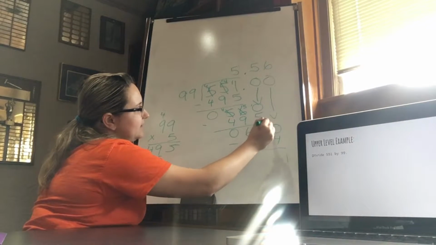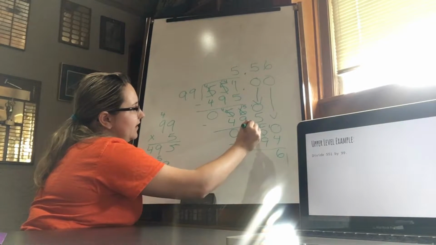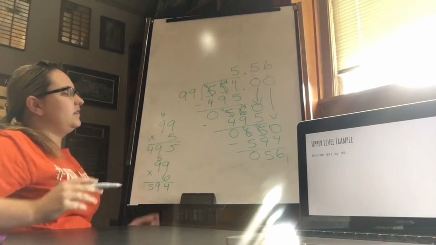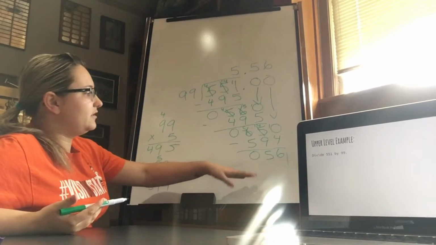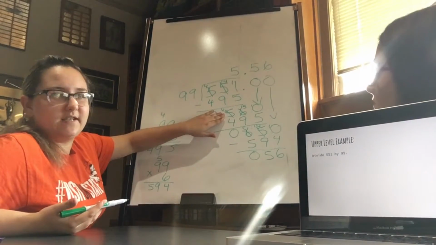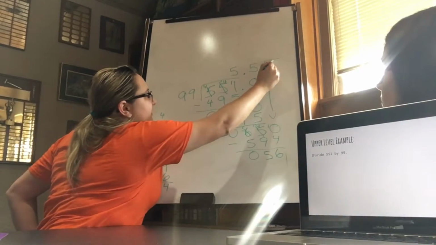So we'll do this again. There's a 6, 5, that's a 5, and that's going to be a 0. And for upper level students, they're going to notice that there's a 56 here, and there was also a 56 up here. So they're going to conclude that once again, this is going to be a 5.